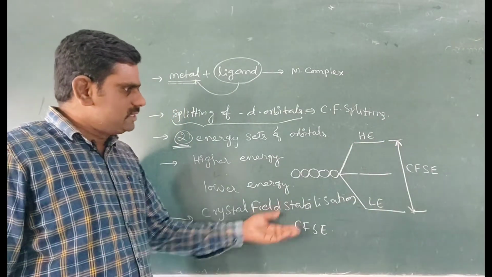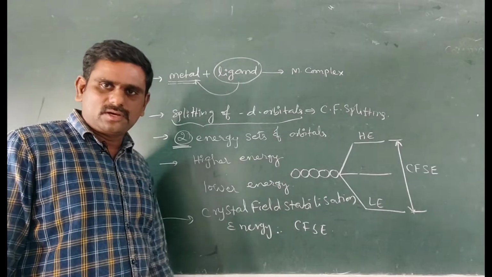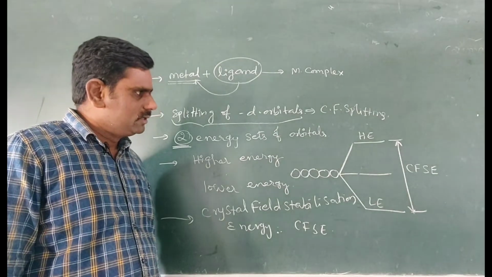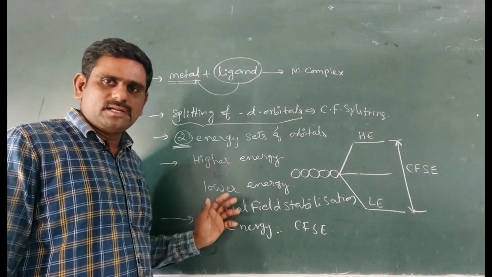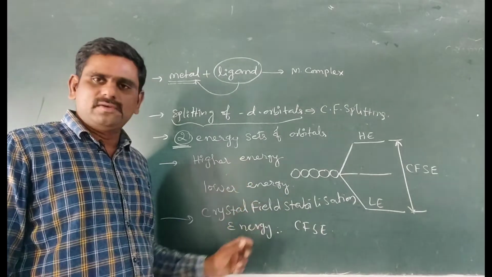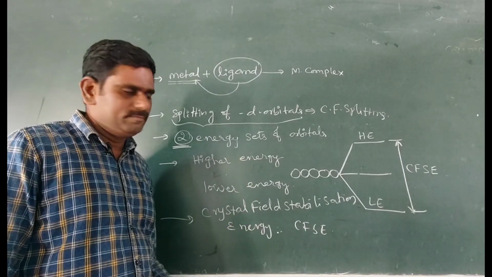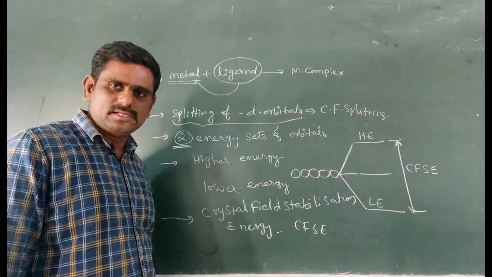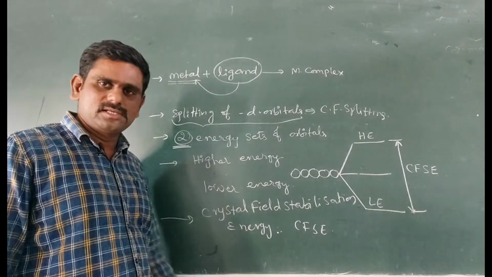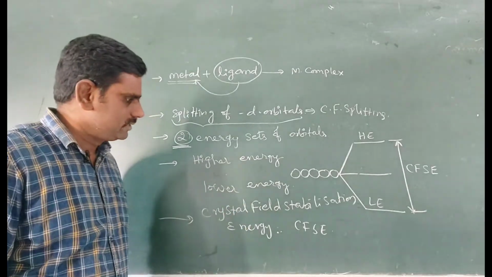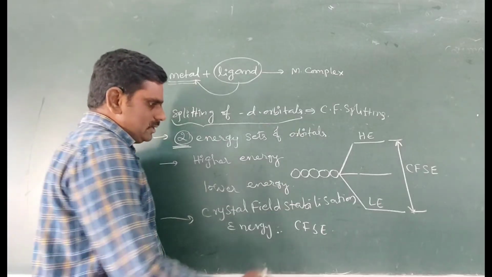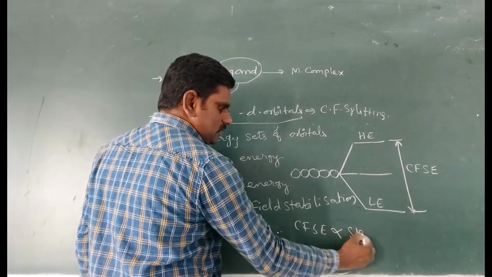If CFSE is more, the stability of the complex is more. If the ligand is stronger, CFSE will be more. If the ligand is weaker, CFSE is less. We will discuss all these things in our further classes. So CFSE is directly proportional to stability.